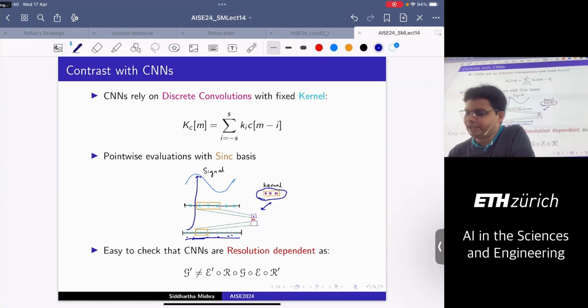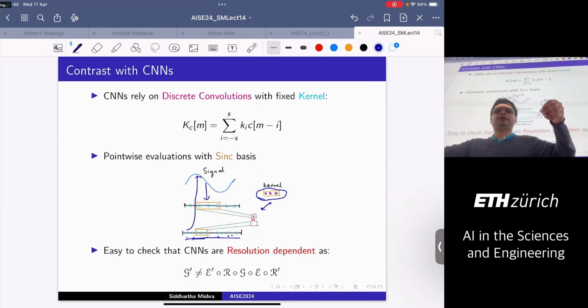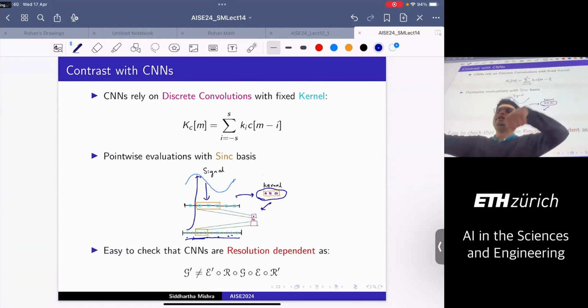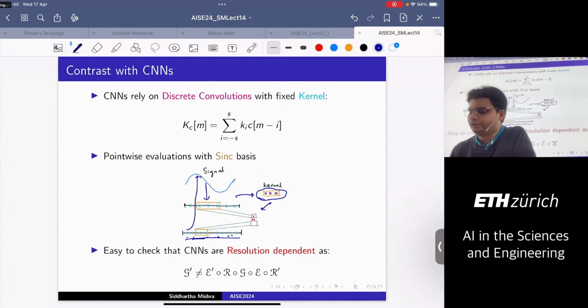Then by the sinc filter you pull it down to the discrete, and then you apply the discrete kernel again. Because these two functions are identical, by reinterpolating like this you essentially do this operation here.